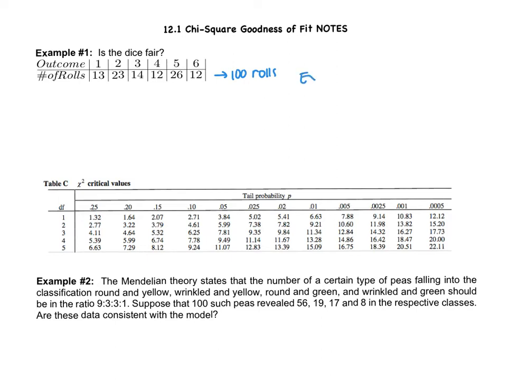So then what we would expect is that each number occurs 100 divided by 6 times. So that's 16.67. That's what we would expect for each outcome. You agree? Equally likely?